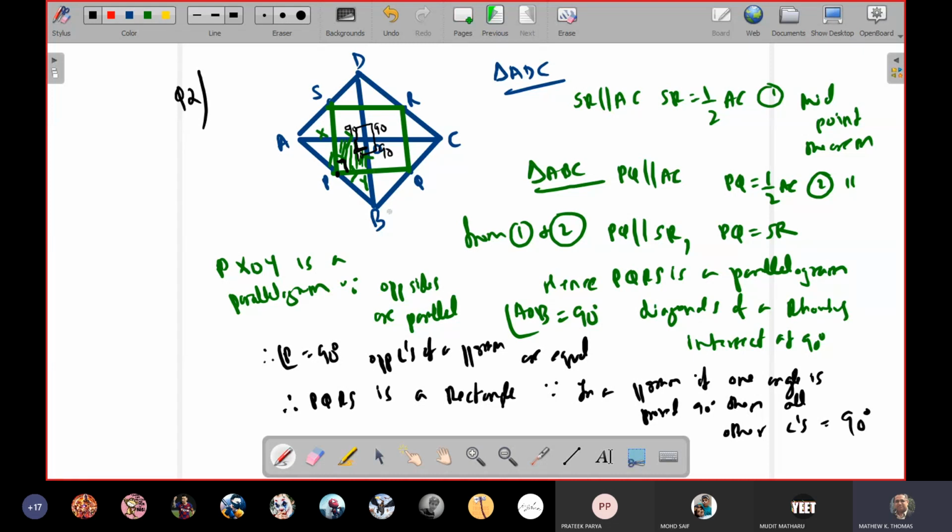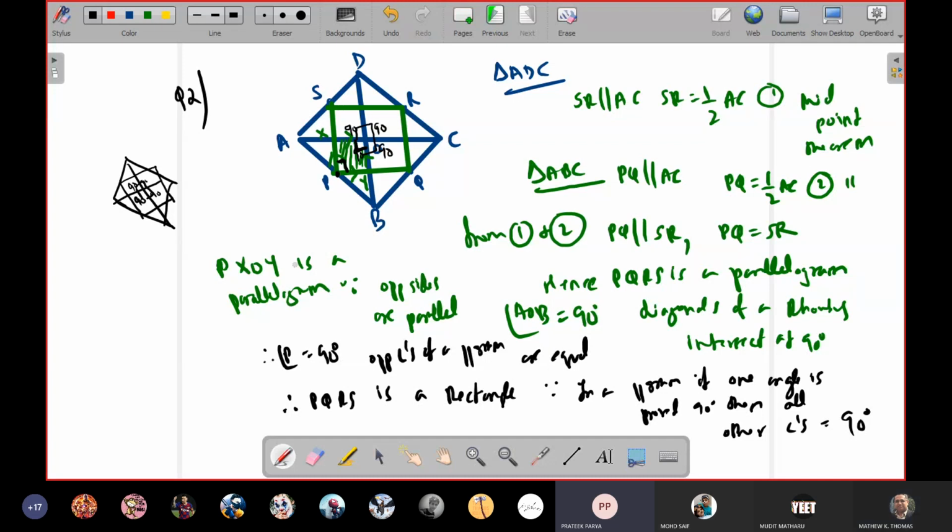You select any part. This is the rhombus. We know that diagonals intersect at 90, so you can select any of the 90 portions. I have selected only this, but you could have selected any other. Otherwise, how will you prove that angle P is 90 if you don't take one of the portions? Yes, understood.